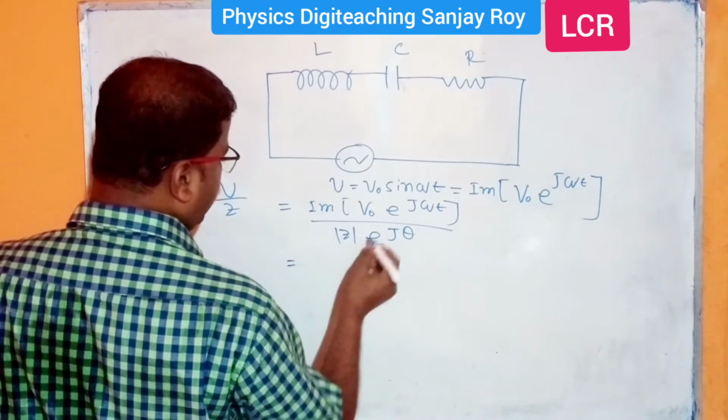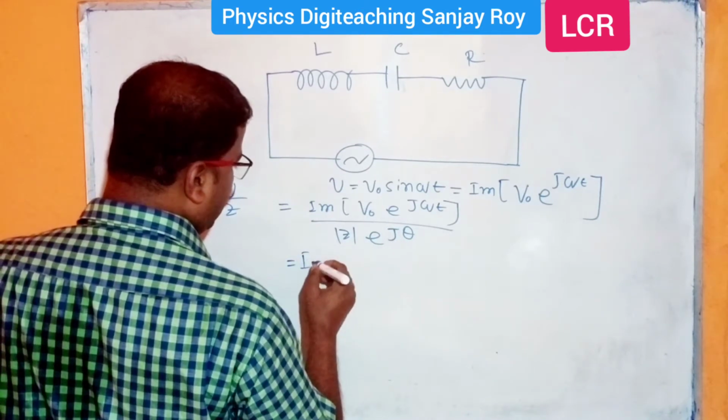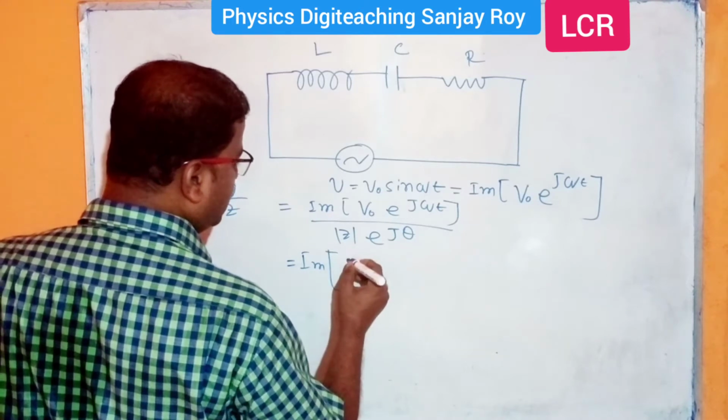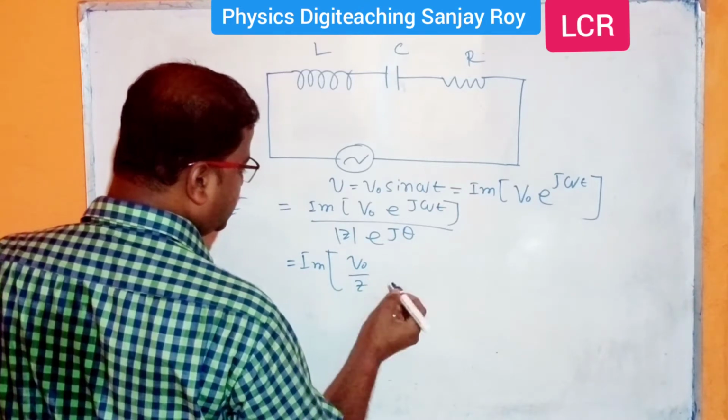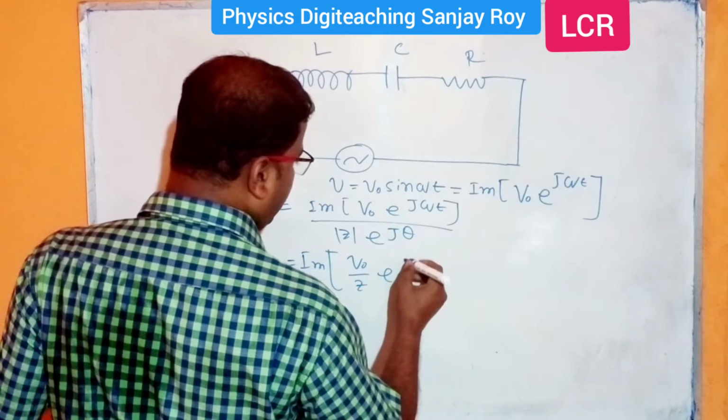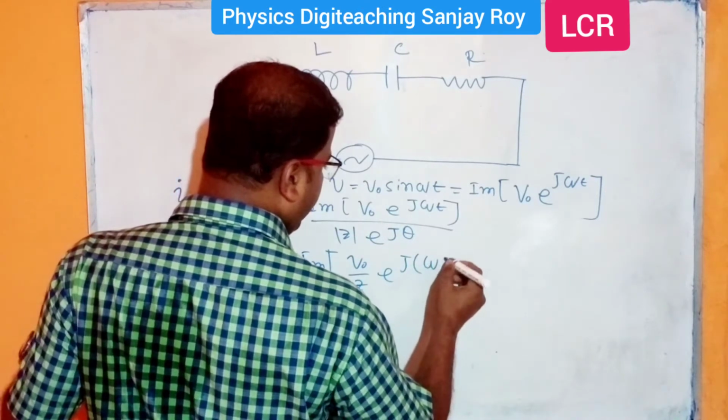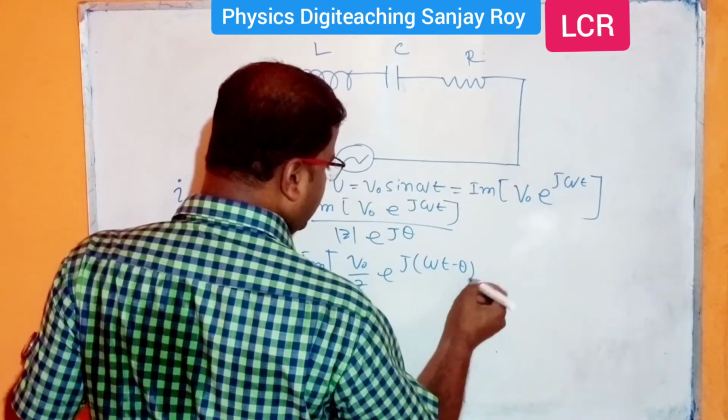Therefore, we can write imaginary part of V0 by Z e to the power j omega t minus theta.